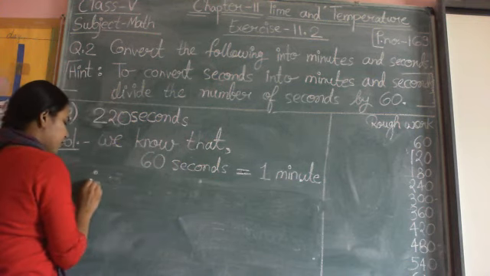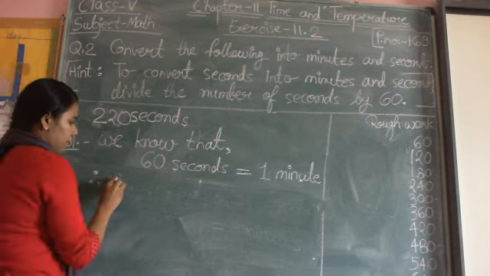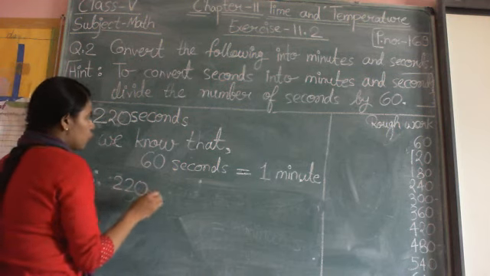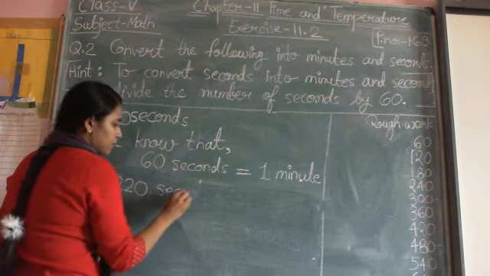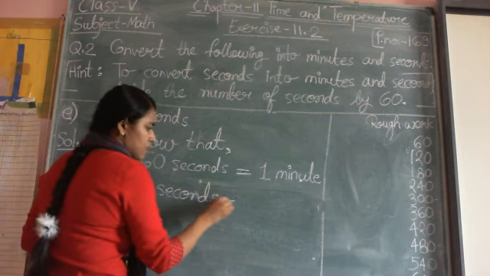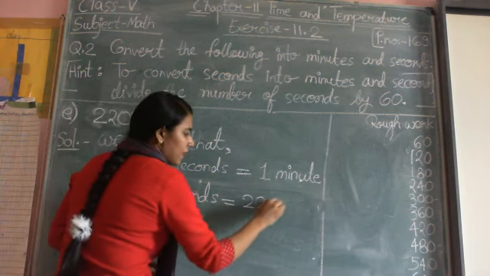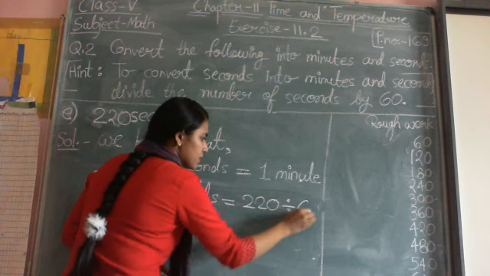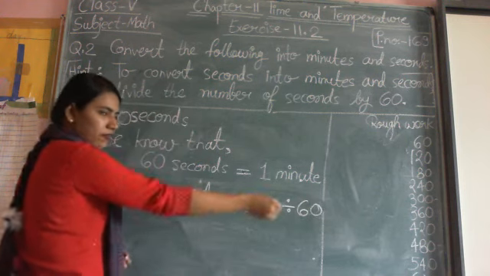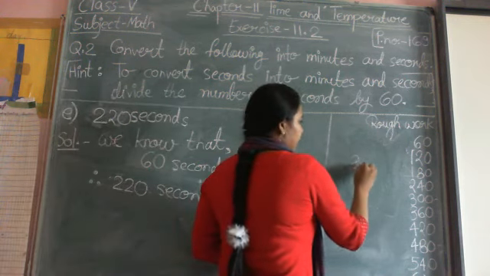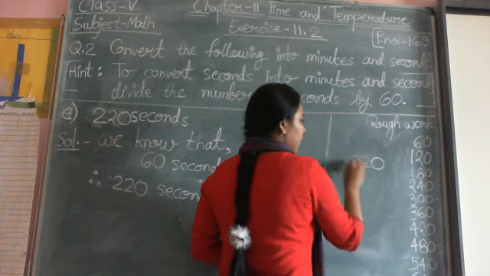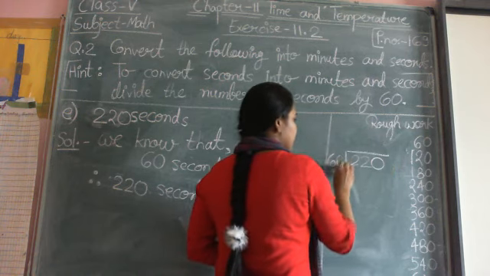Therefore, 220 seconds is equals to 220 divided by 60. Now in rough work, divide number 220 by 60.